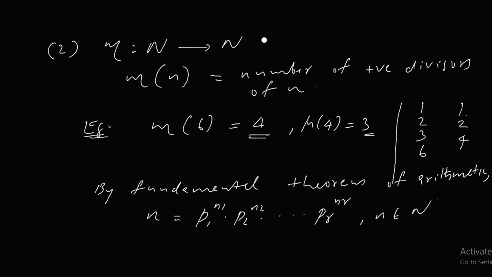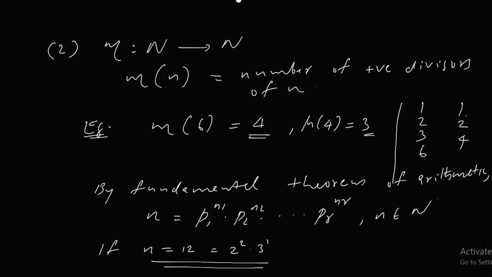For example, if n is equal to 12, 12 can be written as 2 squared times 3 to the power 1, where 2 and 3 are primes. So any number can be factored like this, and that is called the fundamental theorem of arithmetic.